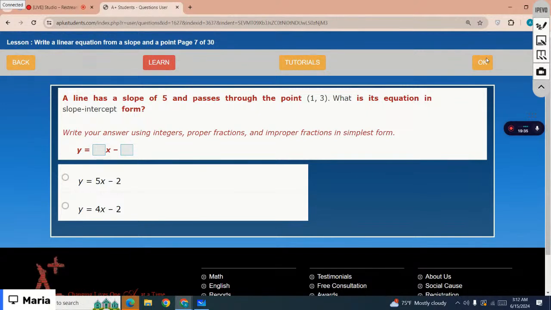A line has a slope of 5 and passes through the point 1, 3. What is its equation in slope intercept form? So which is the correct option?